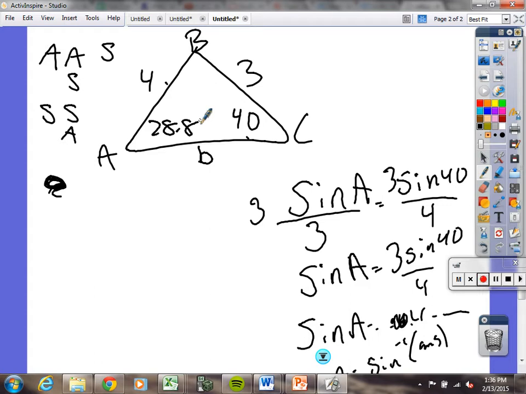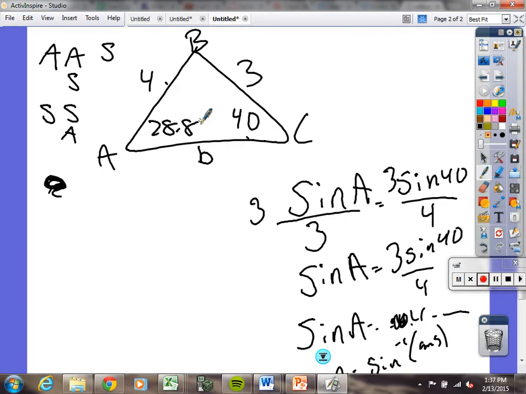Okay. What do we know? We want to solve the whole triangle, so what are we still missing? We have C. We're missing big B, right? And little b. So how do we find big B? This has to add up to be 180, doesn't it? So this is 68.8, right?